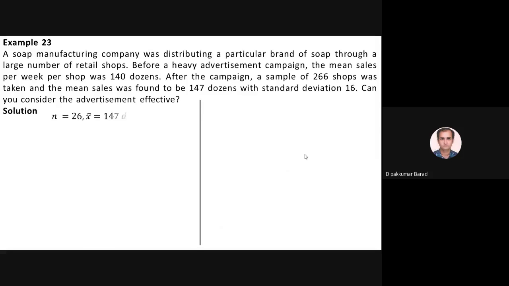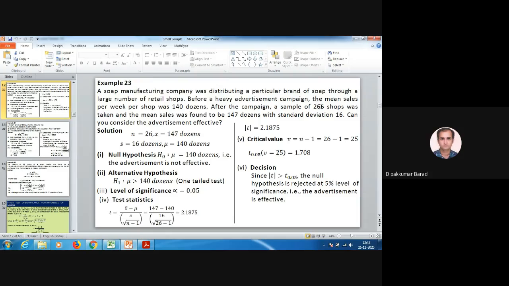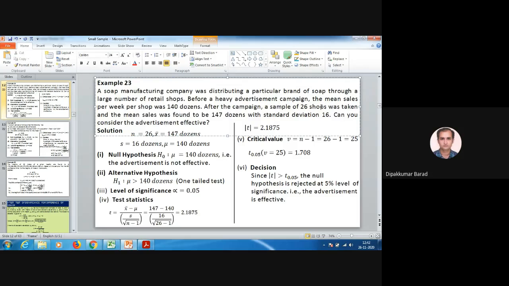So before and after. Here there is a correction: sample of 26 soaps, not 266. Otherwise, it would be a large sample. So we have 26 soaps.